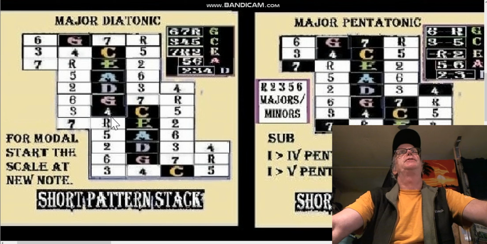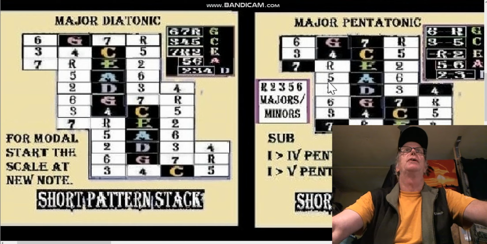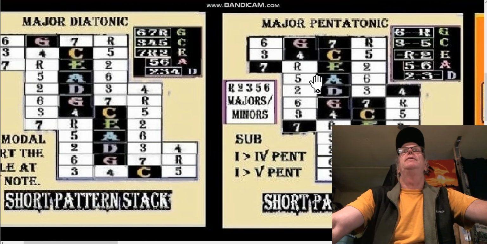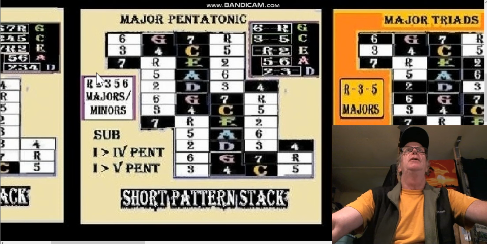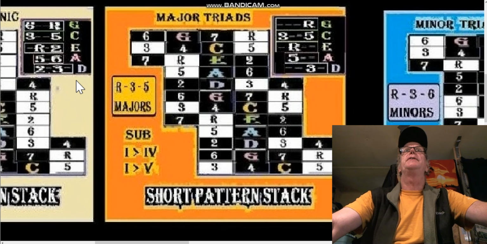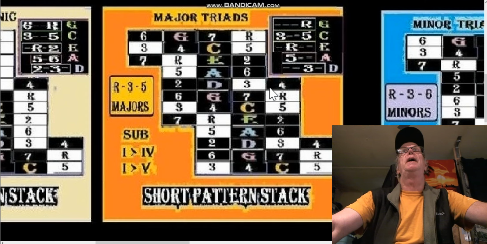See, this has already changed itself back again when we went and checked the other chart. So we'll just make the best of it. With pentatonic here, we've got root 2, 3, 5, 6. Okay, so we take out the 4s and the 7s there. And for the triads, we've got just root 3, 5.